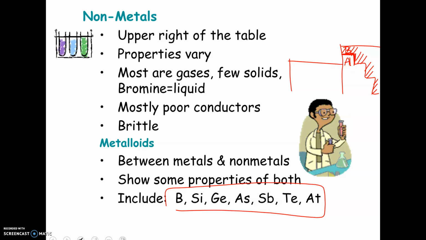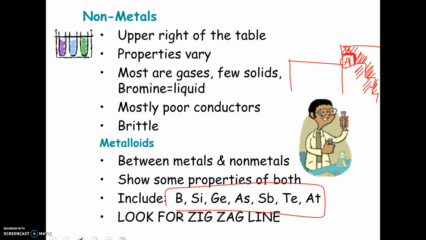So I usually tell people it's going to be boron, then this second one here, here, here, and then it's also these two on this side. So it's everything on the right of your little stair steps, but on the left, not aluminum, but the other ones that are on the left of the stair steps, if that makes sense. So that's the way you can identify them. Look for the zigzag line. A lot of times periodic tables will actually have that line kind of in bold.